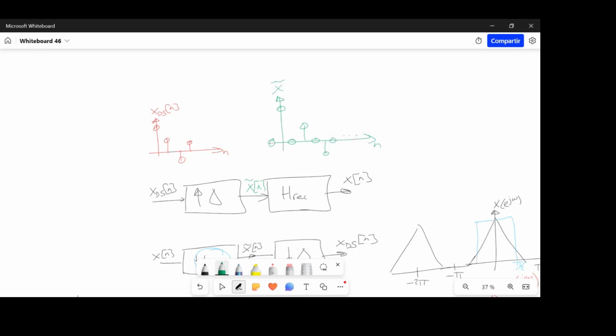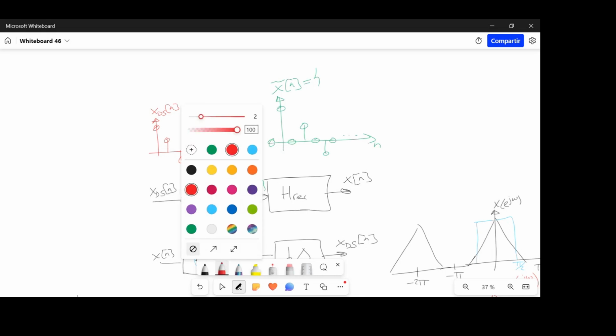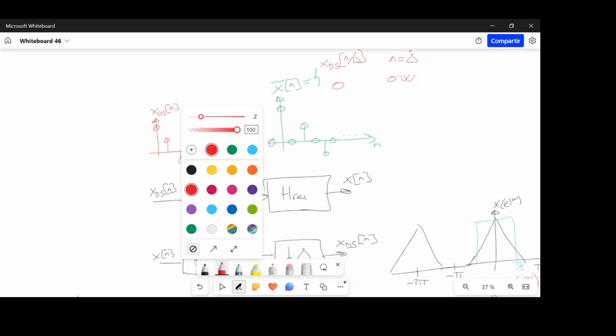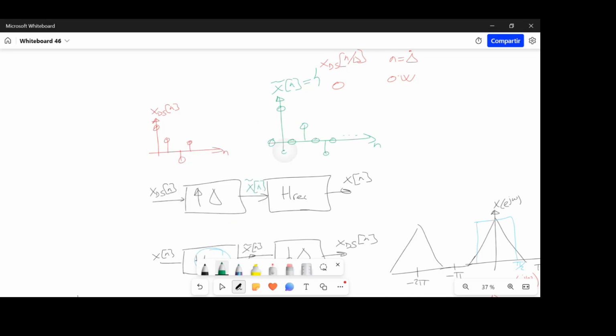This one x tilde, and the relationship was something like this. The equation is x tilde of n equals x of n divided by delta if n is a multiple of delta, and 0 otherwise. Okay, so let's see. We have sample number 0, 1, 2, 3, 4, 5.